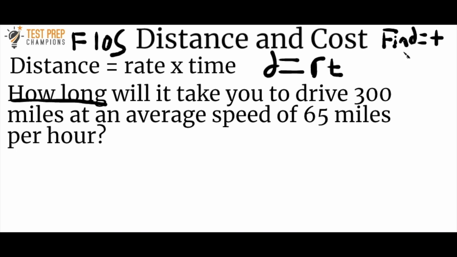So now let's look at what we're given. We did the F, we looked at what we need to find. I is the information. What information are we given, and what information do we need to solve the question? In other words, what other numbers do we see here? We see 300 miles at an average speed of 65 miles per hour. We also want to pay attention to the units surrounding the numbers. 300 miles, what is that?